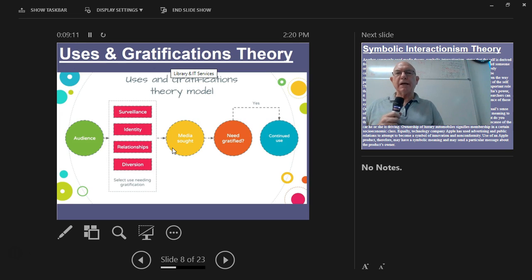Anyway, uses and gratifications, a similar model: the audience has certain motivations and certain things they're looking for. They find some self-identity in media. They're looking for a sense of relationships, diversion. They just need a break, and so forth. And so they seek media to fulfill their own needs and to seek their own gratification.